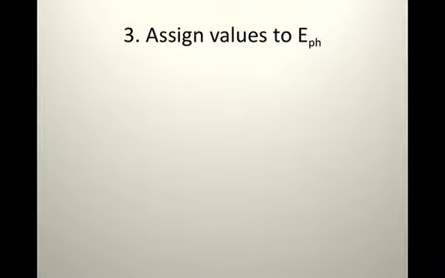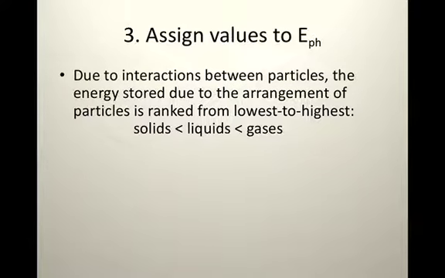First of all, let's talk about what kind of energy we can give to phase. Due to interactions between particles, and I know this should be sort of intuitive, you should know this. Solids have less energy than liquids, and liquids have less energy than gas, because we're just talking about basically its temperature and therefore the motion of the particles.